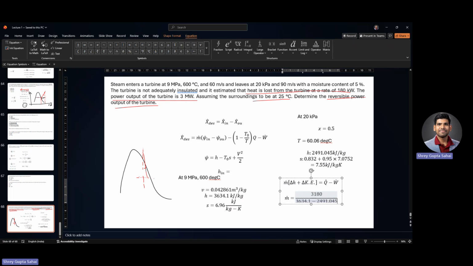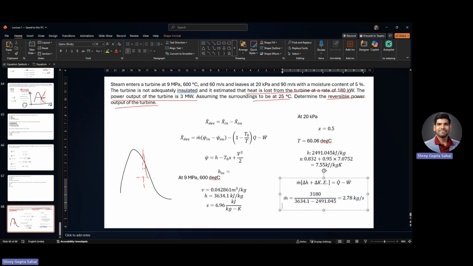How much is this? 3180 divided by 3634.1 minus 2491.045. This is 2.78 kgs per second. Okay. So first of all, we figured out the mass flow rate.